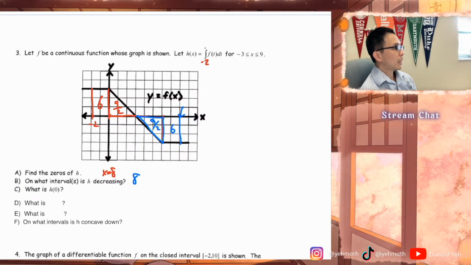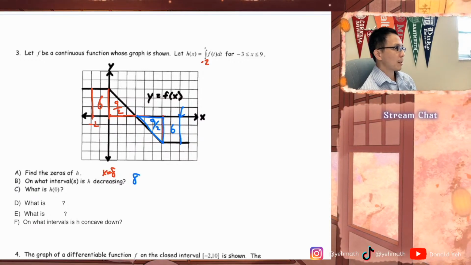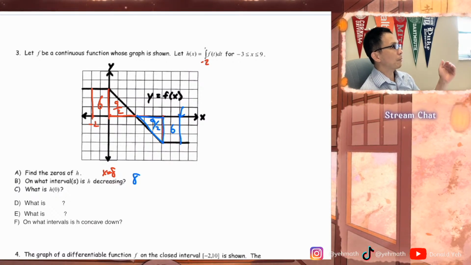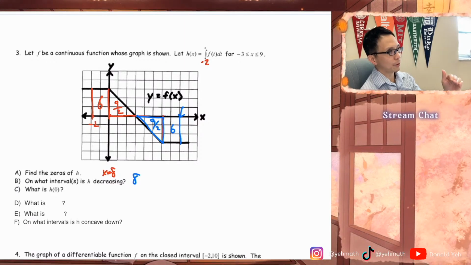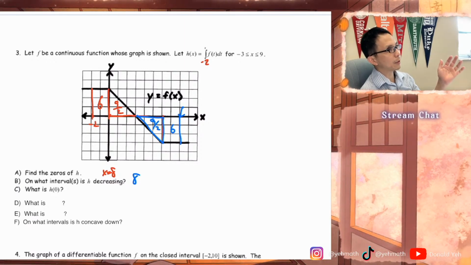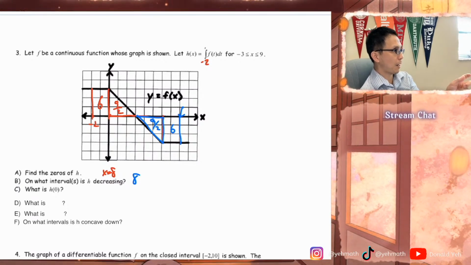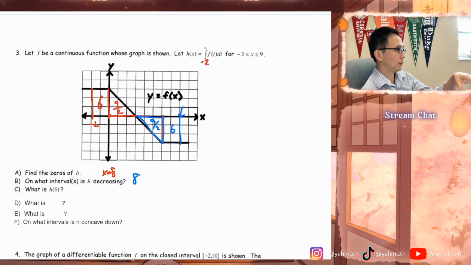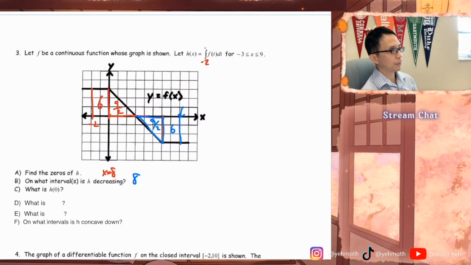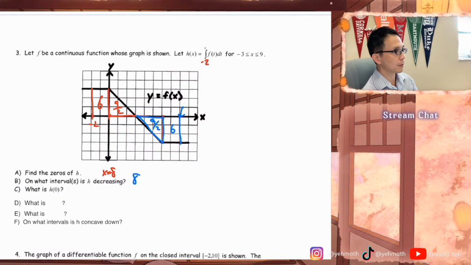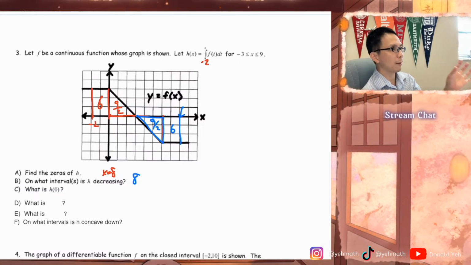Okay. I'll be honest with you, the first time I saw that question, I had a difficult time reading it. I don't have a problem finding h of 4, h prime of 4. I have a problem with the part that says decreasing, where you had to go back and evaluate. Instead of asking for 5, you had 5 equal to 2x minus 2, because you want to make sure you got f of 5.